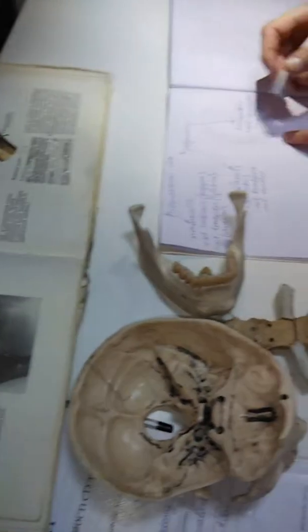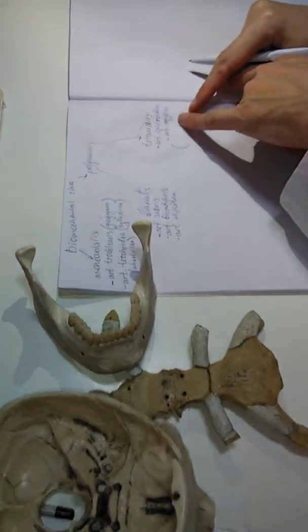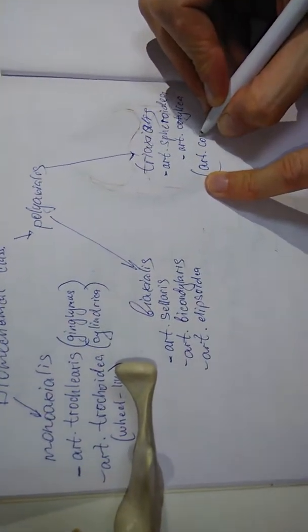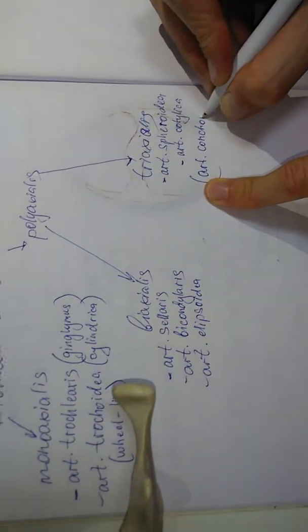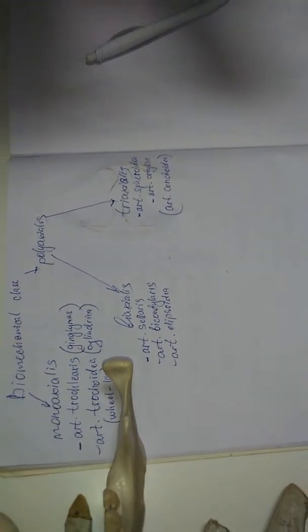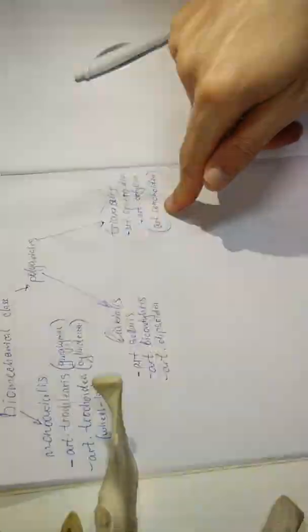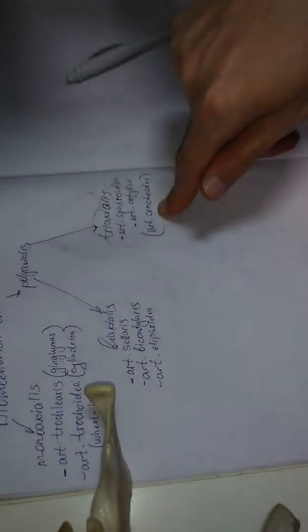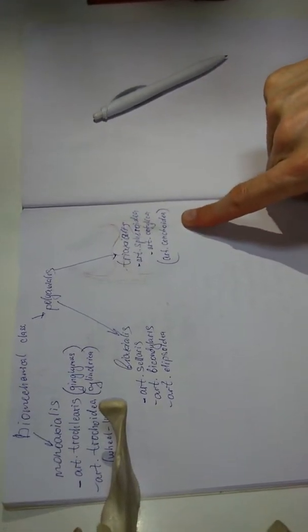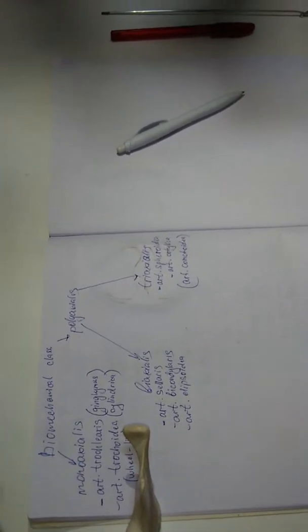A lot of scientists believe that this is not articulatio cotylica. It's articulatio conchoidea, the conchoid joint. And on this background, they claim unipolar prosthesis of the hip joint, according to their point of view.